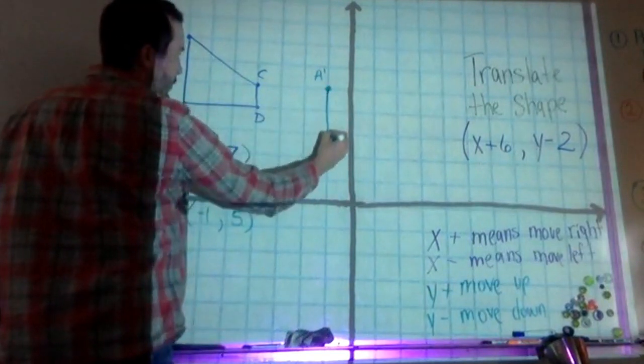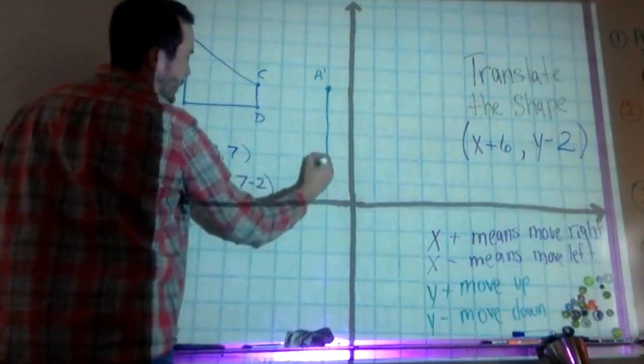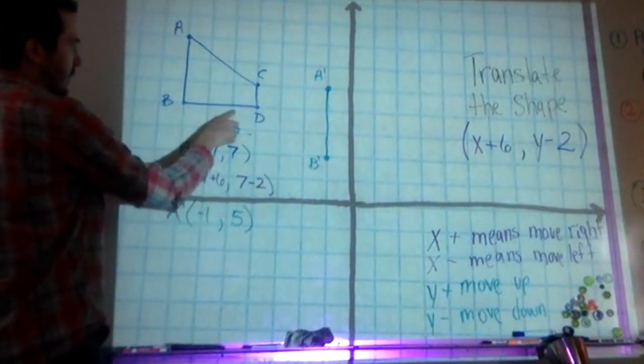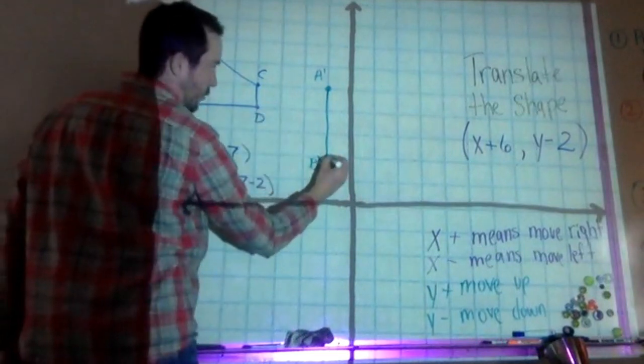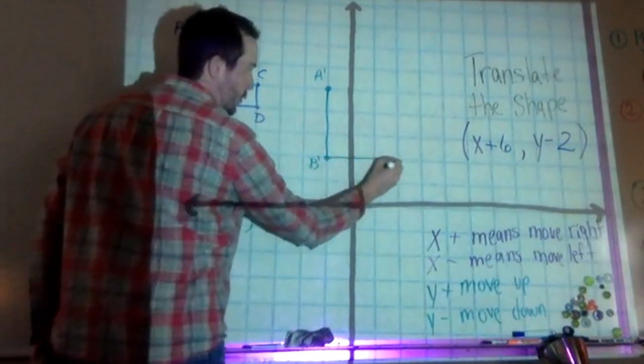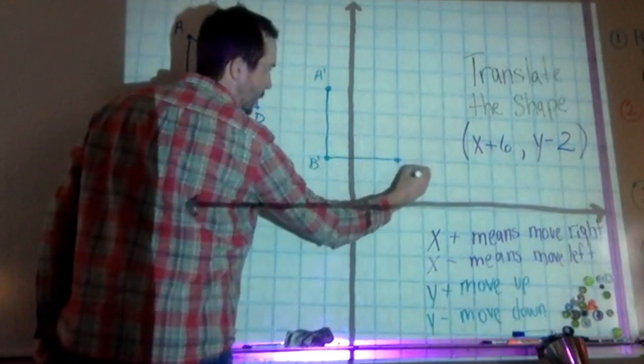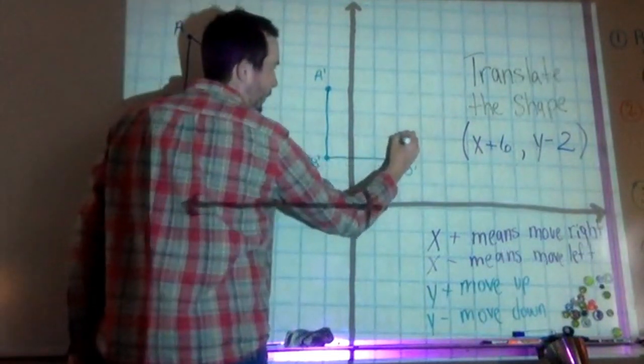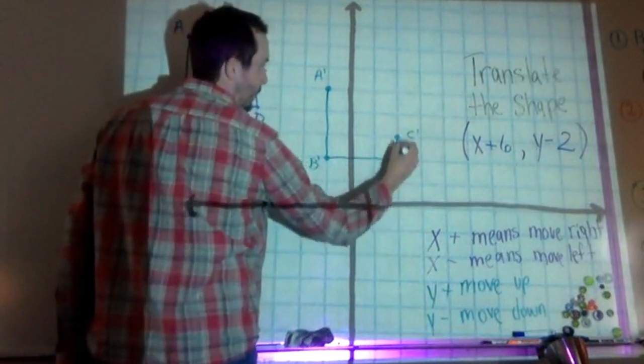So there's B prime. D is 1, 2, 3 units directly to the right. There's D prime. And then C is 1 unit up from D. There's C prime there.